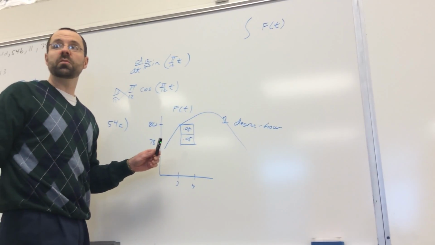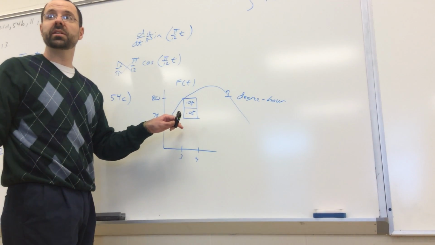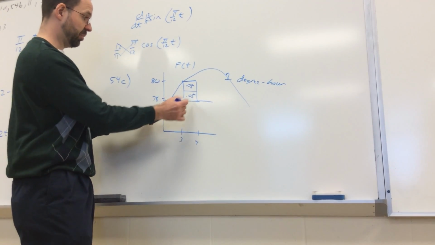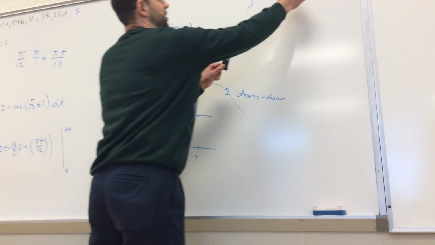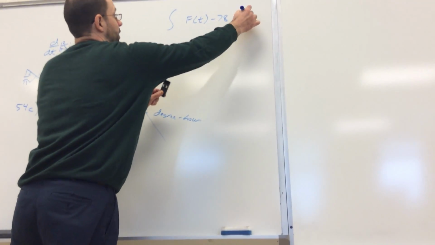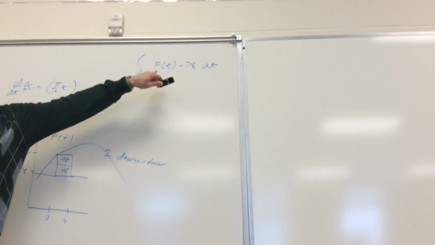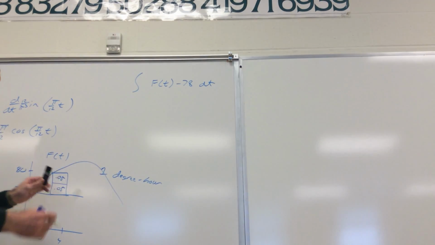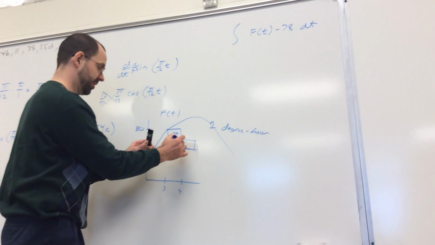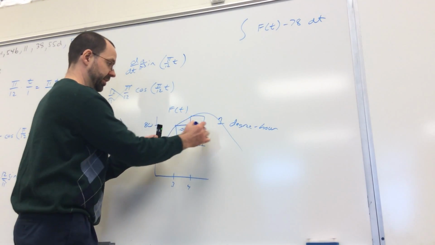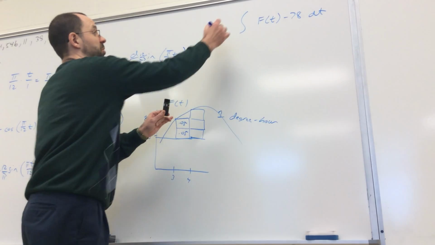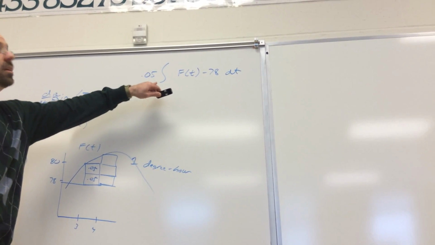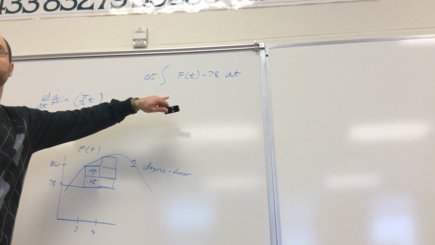If we integrate f of t, we get the number of degree hours overall, but we only want the degree hours above 78, so we'd have to subtract 78 from that. If we integrate f of t minus 78, we'll get the total number of degree hours there are. Here's another degree hour, here's another one, here's another one. And then we multiply that by 5 cents per degree hour. And then that'll give us the answer.